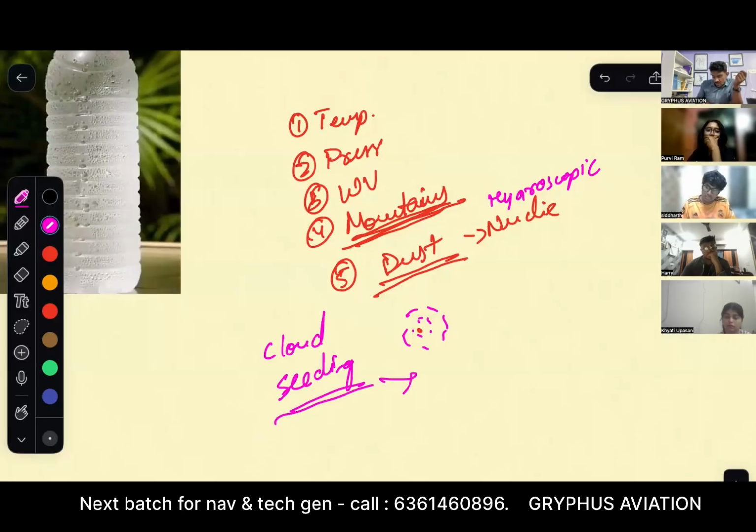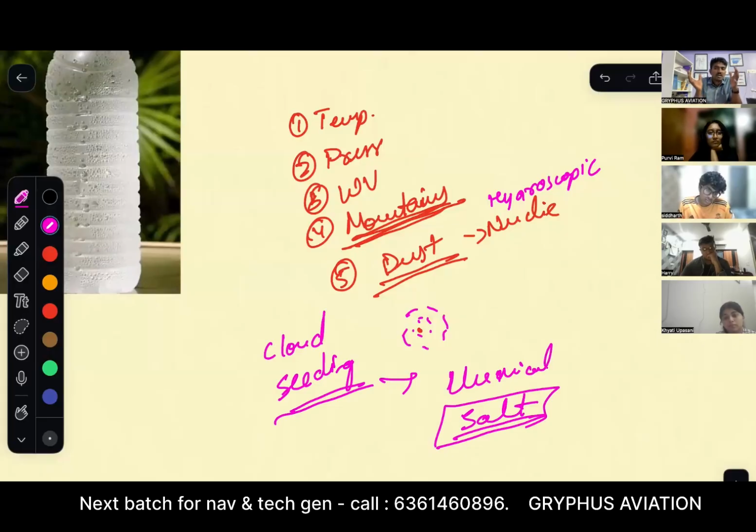In cloud seeding, you are pouring some chemicals. For your easy understanding, take salt. Salt is one of the best examples of a hygroscopic nucleus, same as dust. If you keep water on salt, it will absorb the water very well. Like that only, in cloud seeding also, some chemicals are there which we will discuss later.